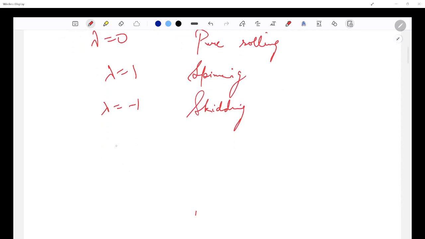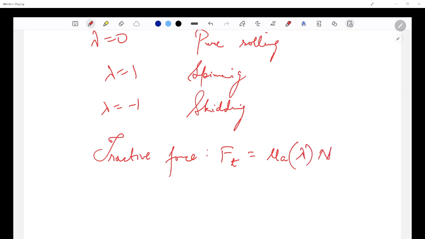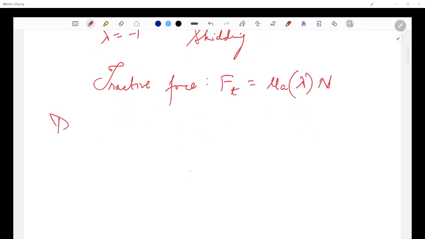So your tractive force is basically Ft is equal to mu of lambda into normal force. So peak friction exists. Beyond peak, it is unstable. Now, let's talk about dynamics.